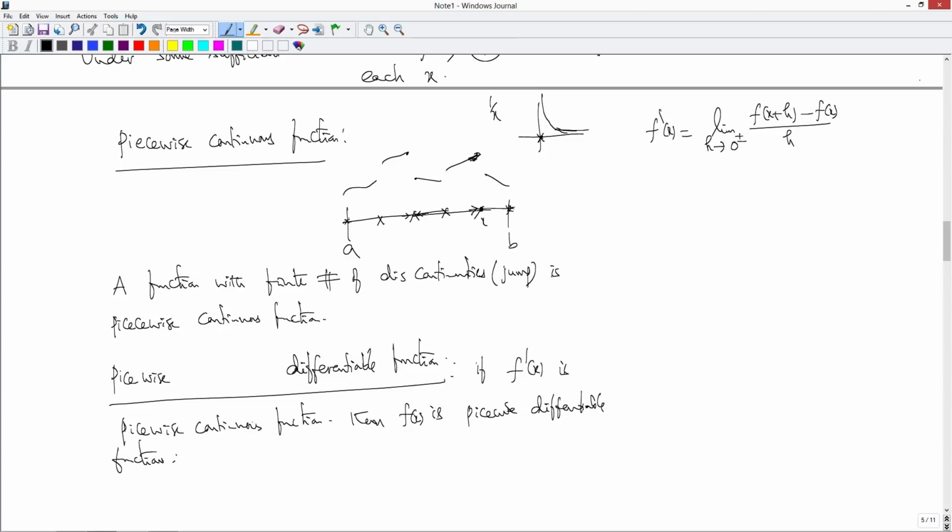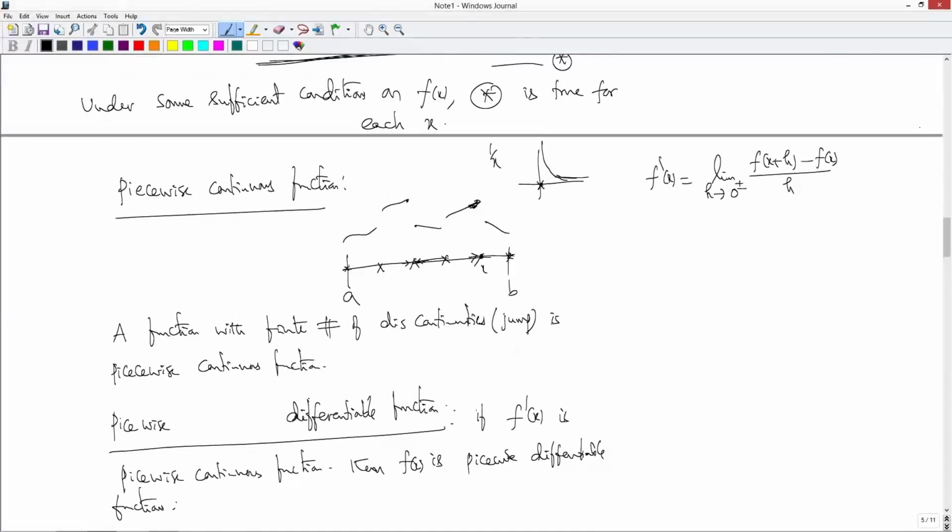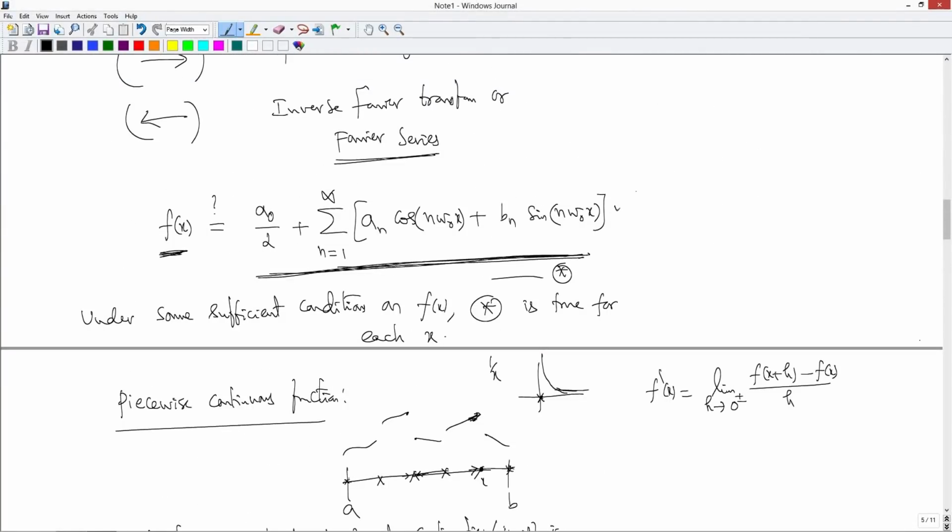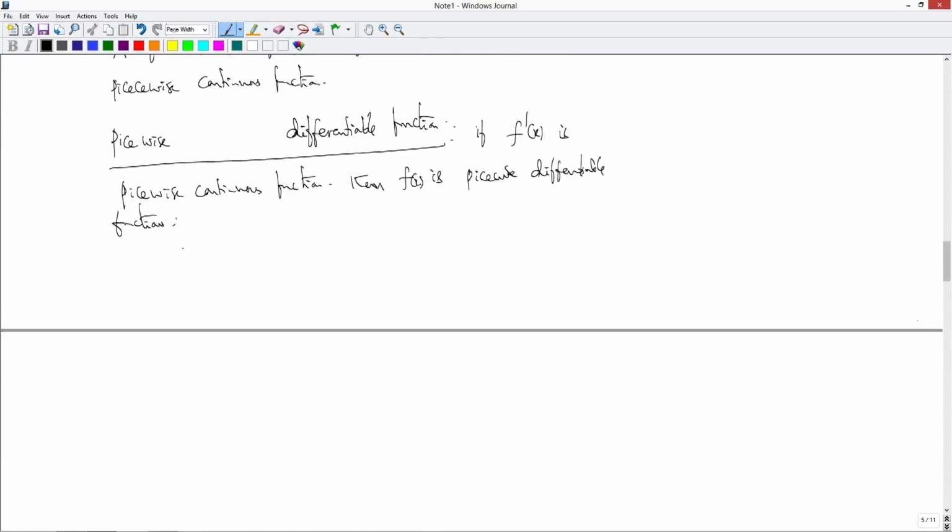So, if your signal f of x is a piecewise differentiable function, then you can easily show that this Fourier series converges to the signal f of x at every point x. Okay. So, I will prove this maybe in the next video. Later videos we will try to prove this result. Now, we will just take some periodic function f of x and try to calculate its Fourier series.